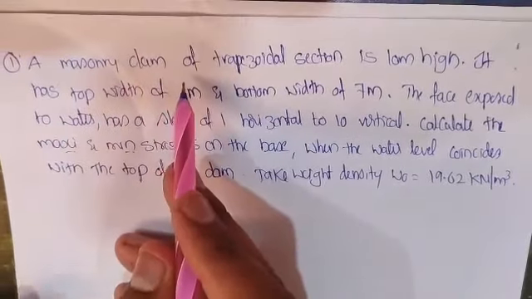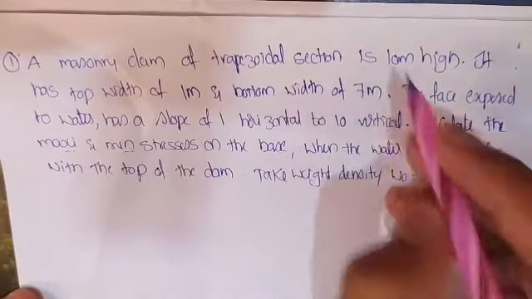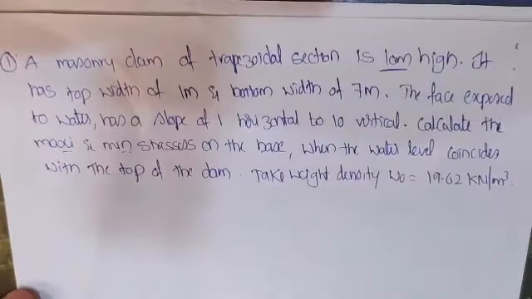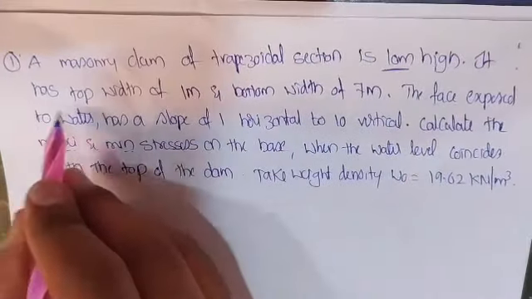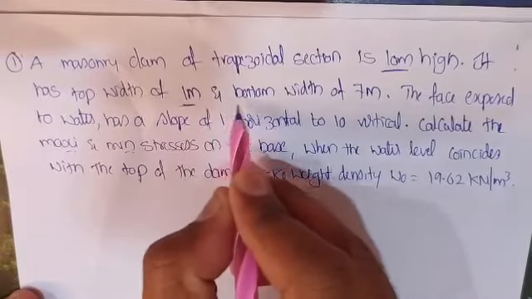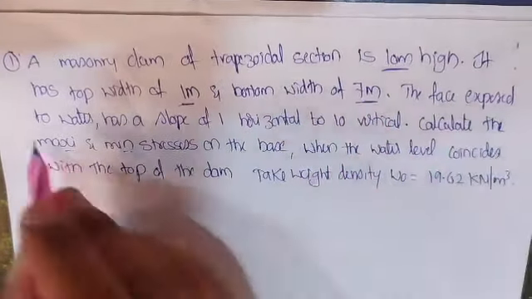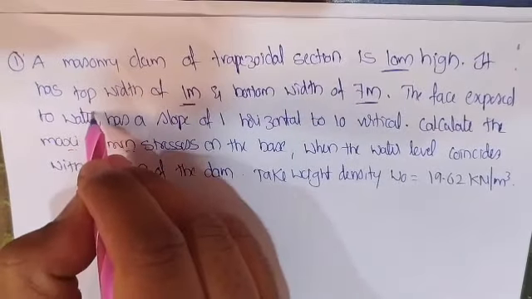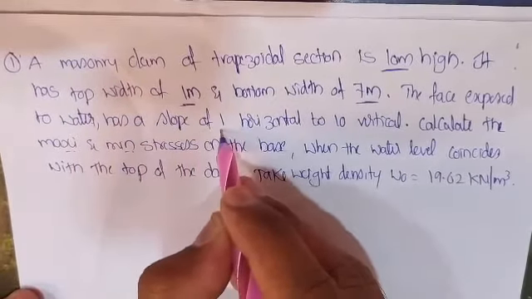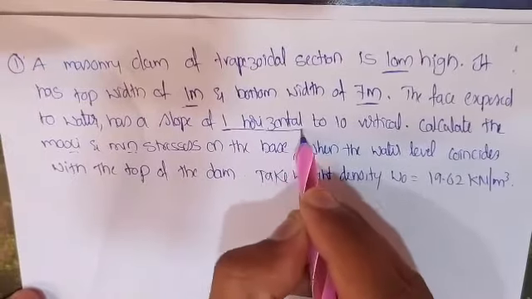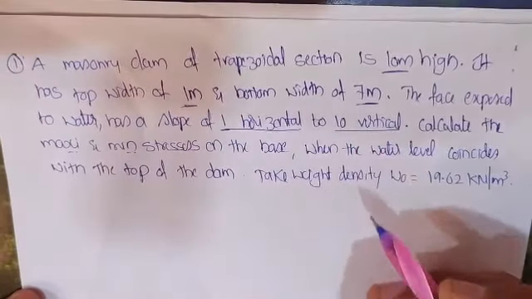A masonry dam of trapezoidal section is 10 meters high and it has a top width of 1 meter and a bottom width of 7 meters. The face exposed to water has a slope of 1 horizontal to 10 vertical.